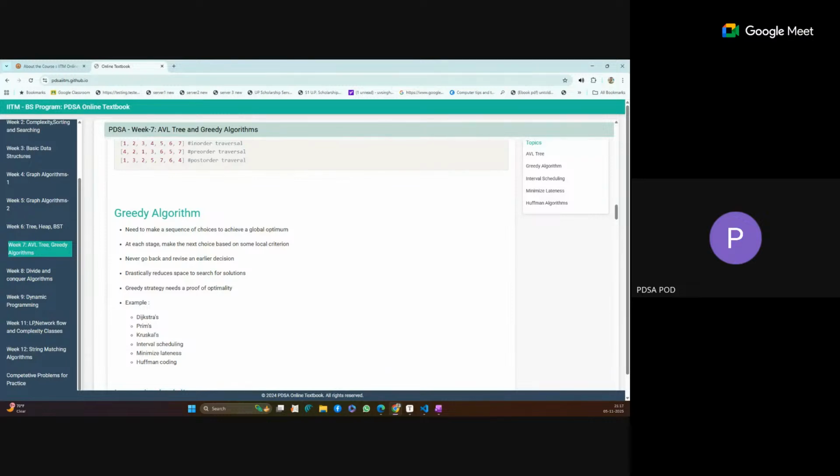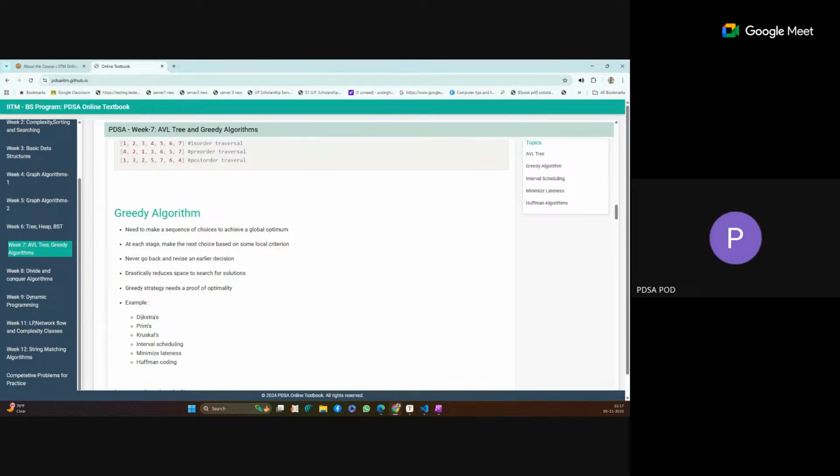At each step we always take the greedy choice to make an optimal solution on that step only. So this is the first definition: a sequence of optimal choices to achieve a global optimal.